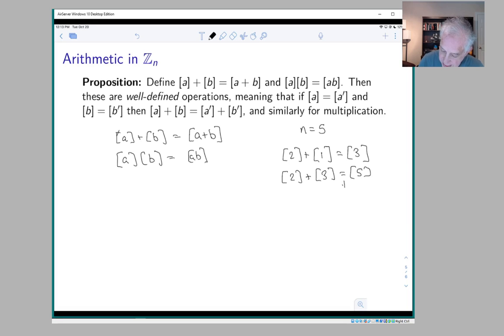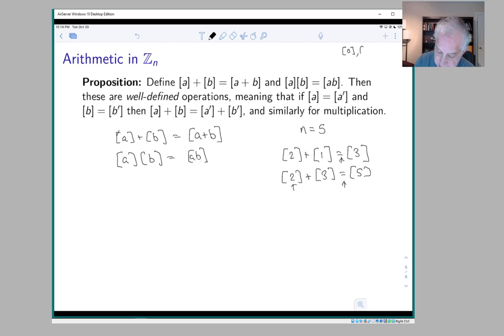Notice here that I'm writing equals. I am not writing congruence. I'm just writing equals, but I'm working with equivalence classes. So this formula comes from the fact that by definition, when we define [2] plus [3], we take the sum of 2 and 3 and we make that equivalence class. How does this make sense? Well, we're working modulo 5 here, and [5] is not one of our standard equivalence classes.